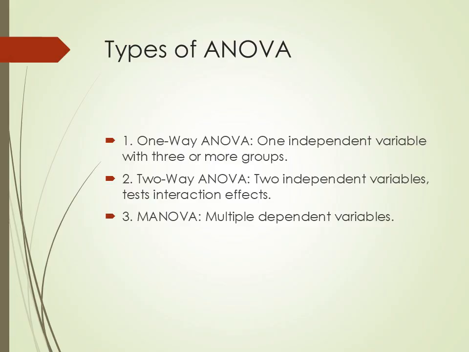Again you're having 3 groups of fishes. One factor will be the diet and the other can be boosting the immune system. So you are taking 2 independent variables, and you're going to see the impact of both the immune booster as well as the diet. Then it is two-way ANOVA. MANOVA means there are multiple dependent variables. You can check for different types of variables.